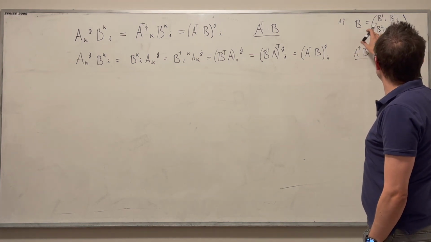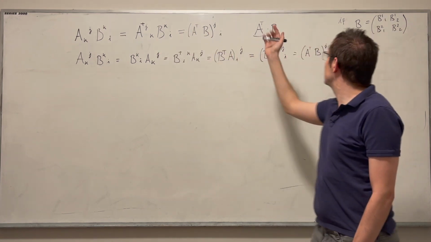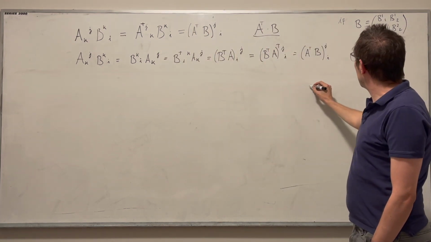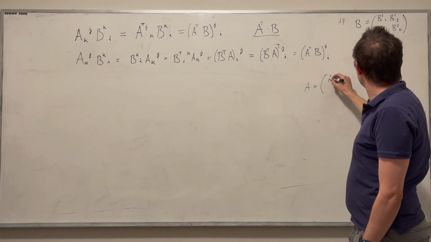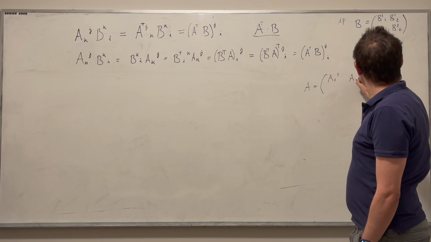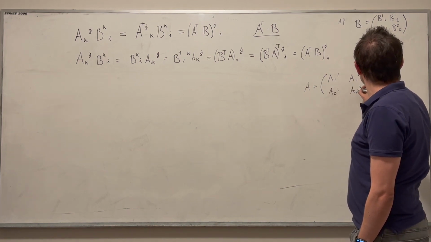This is an example in dimension 2. Of course, this is for any dimension of the matrices. But we have this B, and the matrix A that we're considering has entries A11, A12, A21, A22, right?